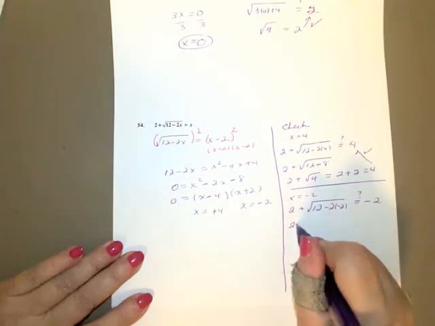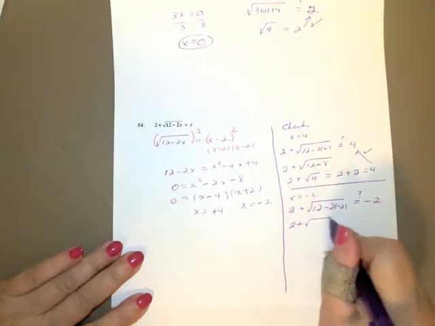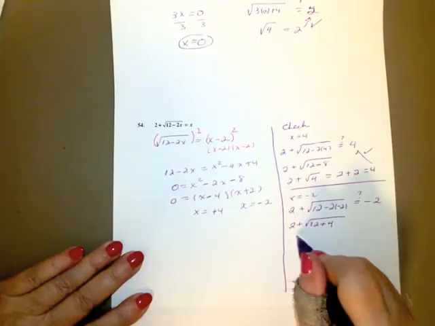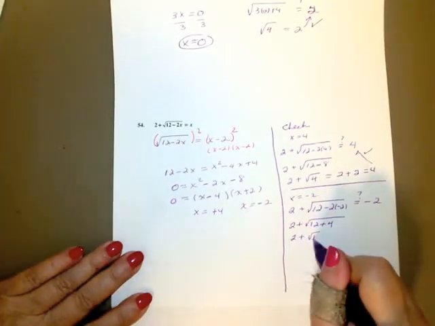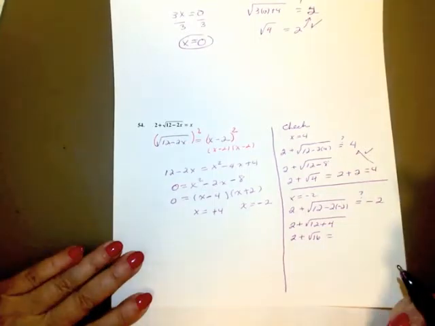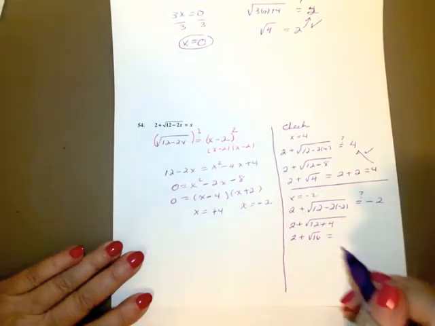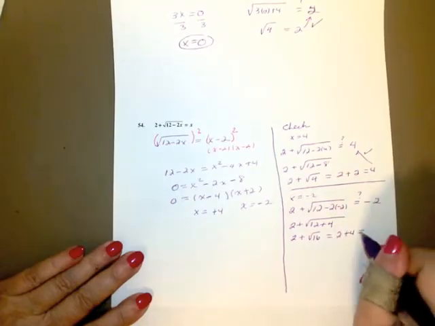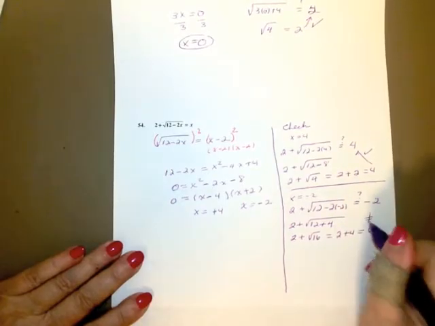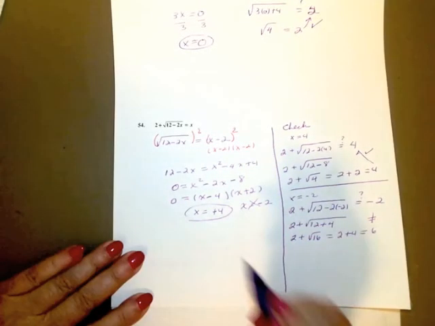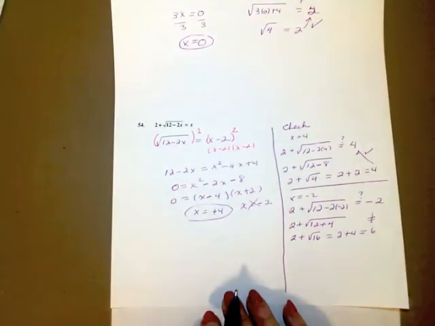Well, the left-hand side is 2 plus the square root of 12 plus 4, which is 2 plus the square root of 16, yes, it is a plus, which is 2 plus 4, which is 6. They're not equal. So x equals negative 2 is not an answer. And it's not because it's negative, it's because it doesn't satisfy the original equation.